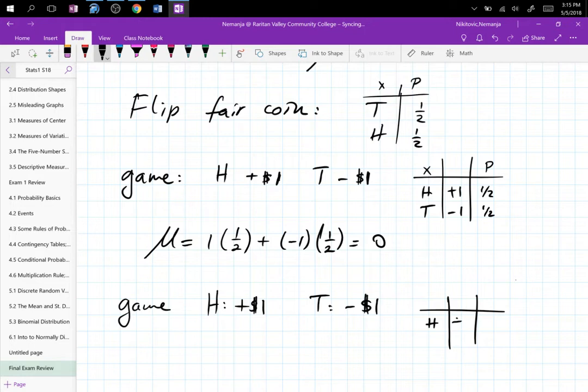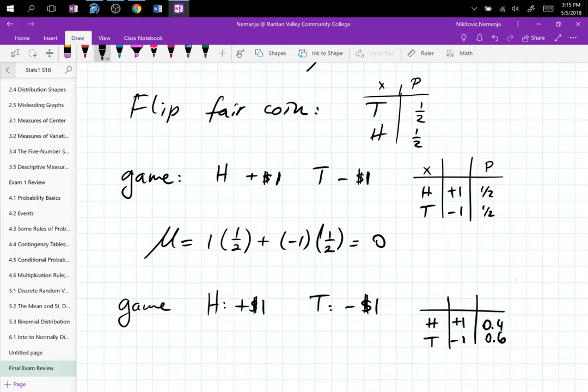Instead of half and half probabilities, I put a smaller probability for you to win and a bigger probability for me to win. You are gaining $1 if you flip heads, and I am gaining $1 if you flip tails.